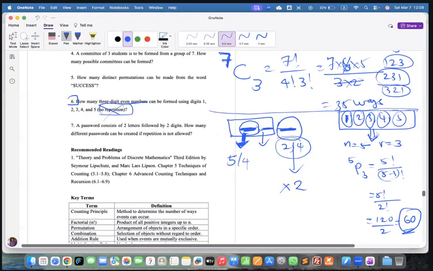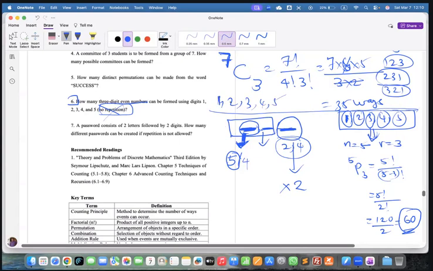Five is wrong. Why? We cannot fill the last position in 5 different ways. Why is it not 5? We have digits 1, 2, 3, 4, 5, right? If you have 5 options, what will happen?